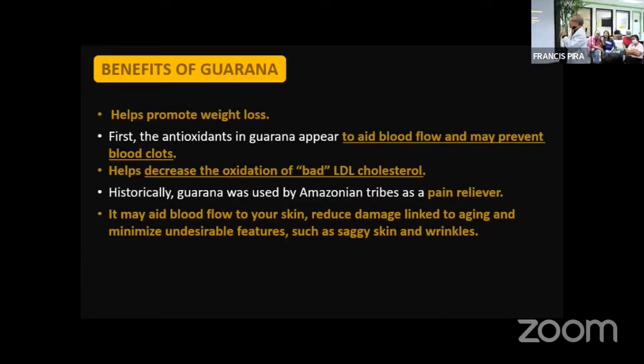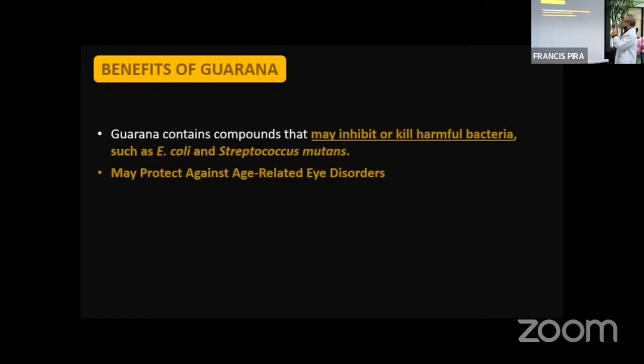Next slide, please. So guarana also contains compounds to inhibit and kill harmful bacteria. Nitric oxide is an antioxidant and also antiviral.